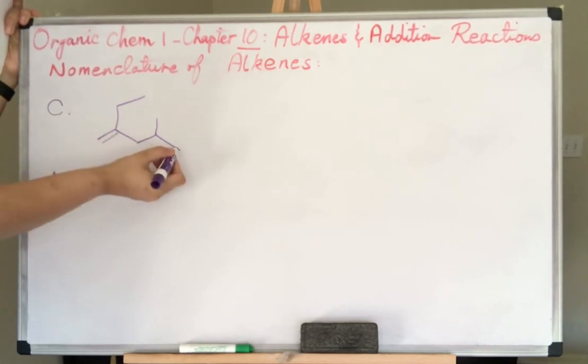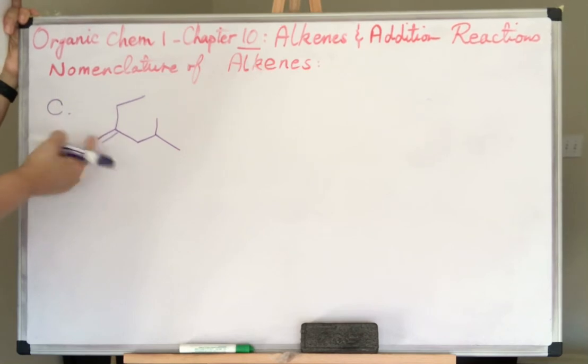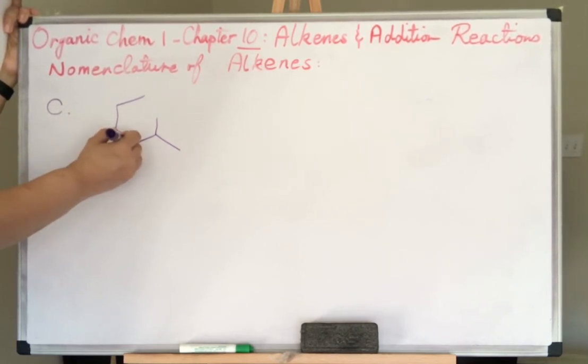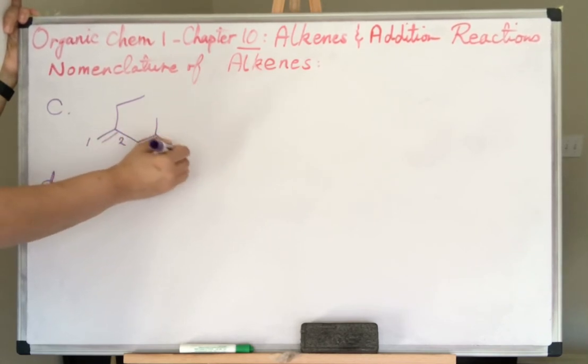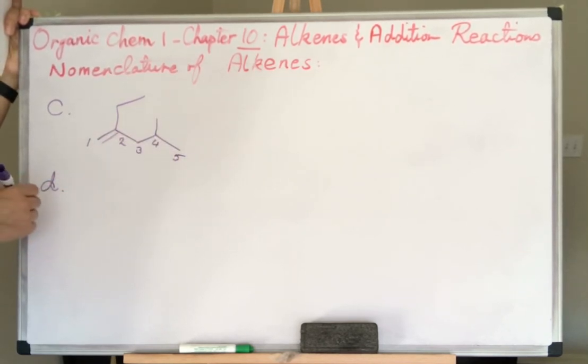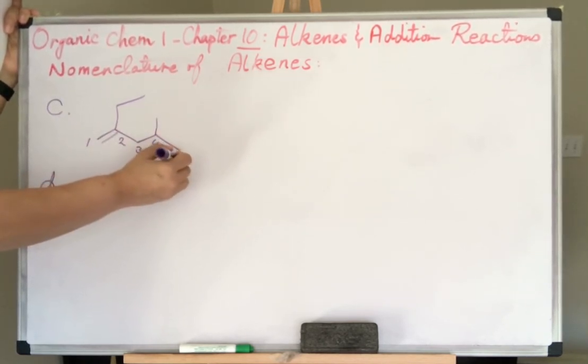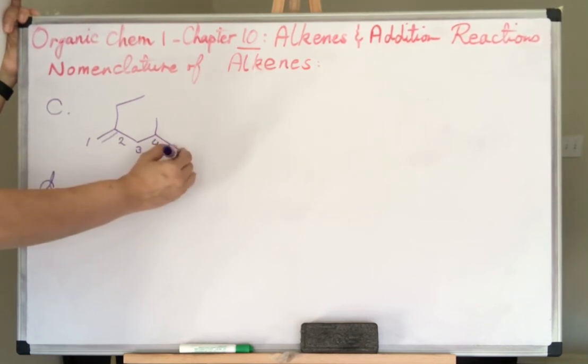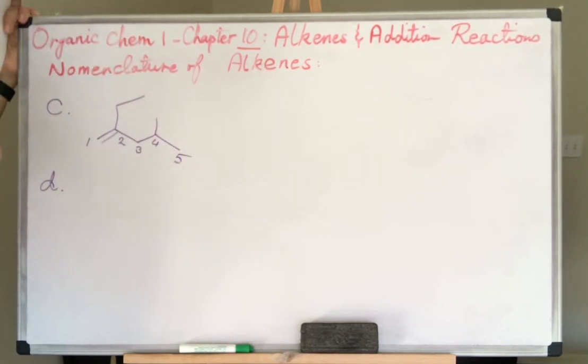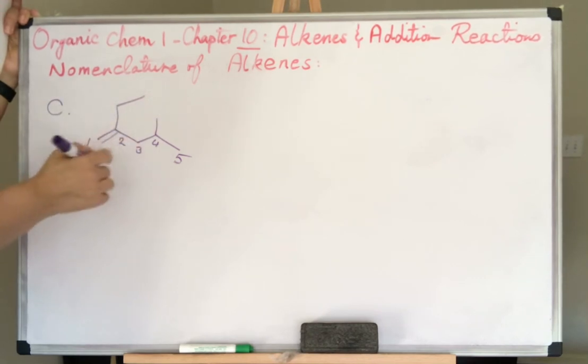You might say, okay, I have the longest chain is 1, 2, 3, 4, 5, and 6. But does it really include the double bond? No. The longest chain is this one that includes the double bond. And I start from left to right because that's closer to the double bond. So the double bond has priority over the branch.